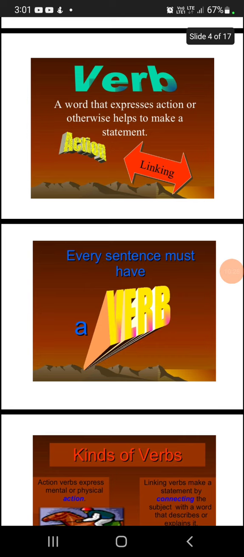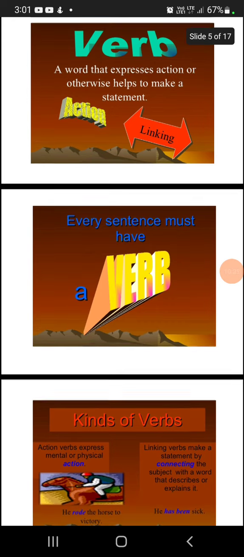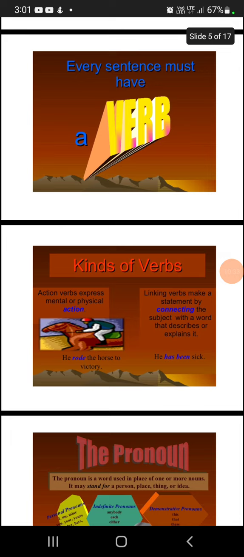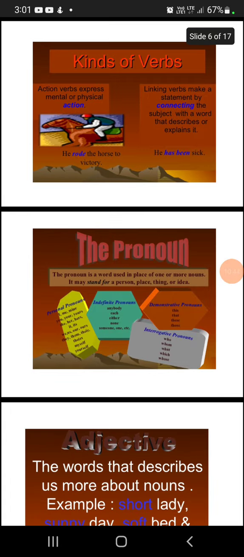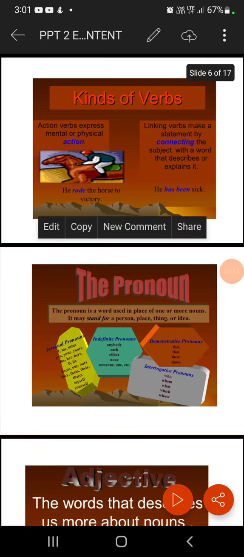Verb is an action word or linking word, and every sentence must have a verb. So verb is also an action word, so it represents an action. For example, we have seen wrote, has been. These are the connecting words or action words. The pronoun is categorized as personal pronouns, indefinite pronouns, demonstrative pronouns, interrogative pronouns.